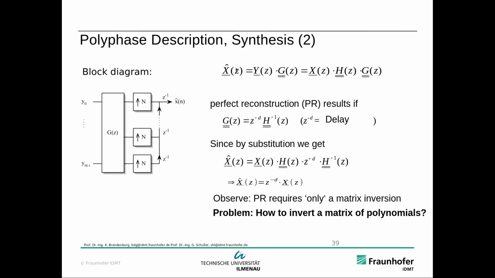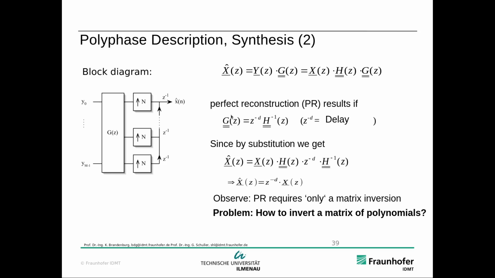The reconstructed signal is simply the set of subband signals in the Z domain times our polyphase matrix for the synthesis. And remember, y was simply x times h coming from the analysis, and that means x hat is x if h and g are inverse, except for some delay.